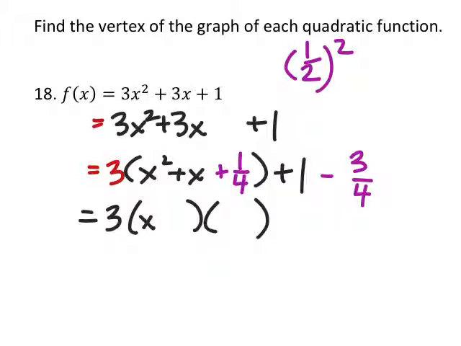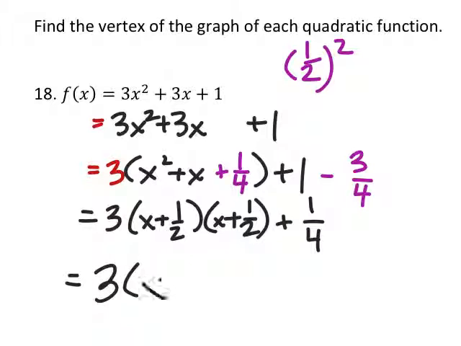I'd have an x plus 1/2 and an x plus 1/2. Some of you may be skipping that step. That's okay. Plus 1/4. So what I end up with really is 3 times x plus 1/2 squared plus 1/4.